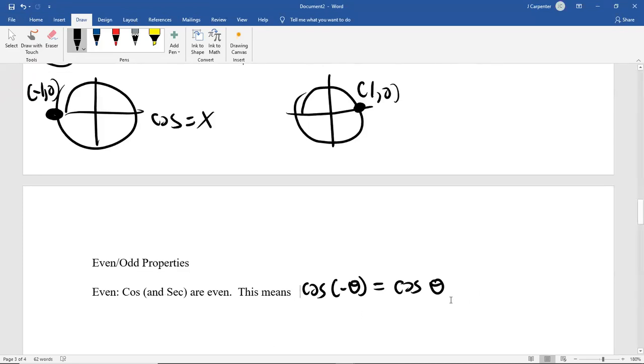It means that the sign inside of it is actually irrelevant. Your odd functions are your sine and, of course, cosecant, and tangent, and so of course cotangent.